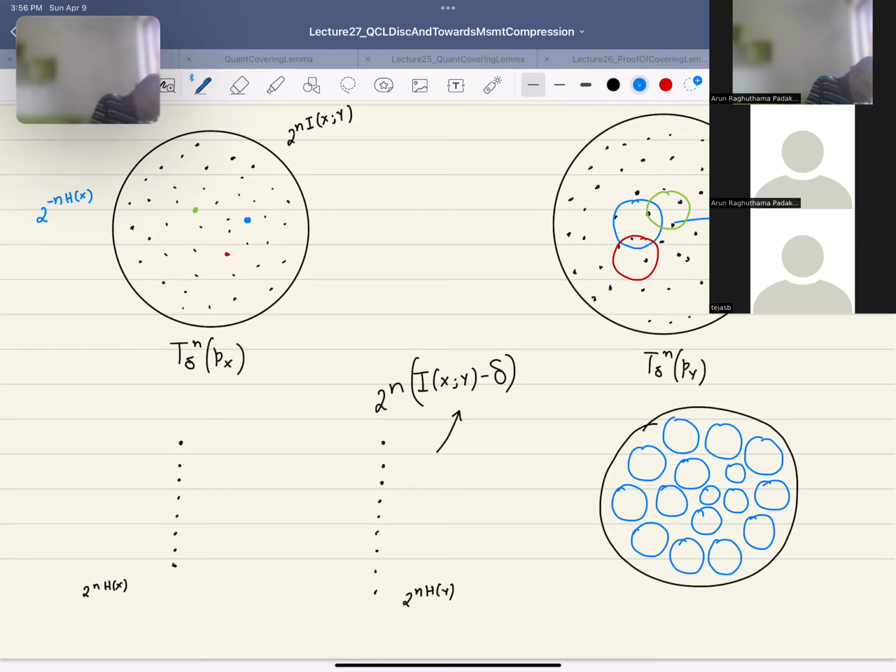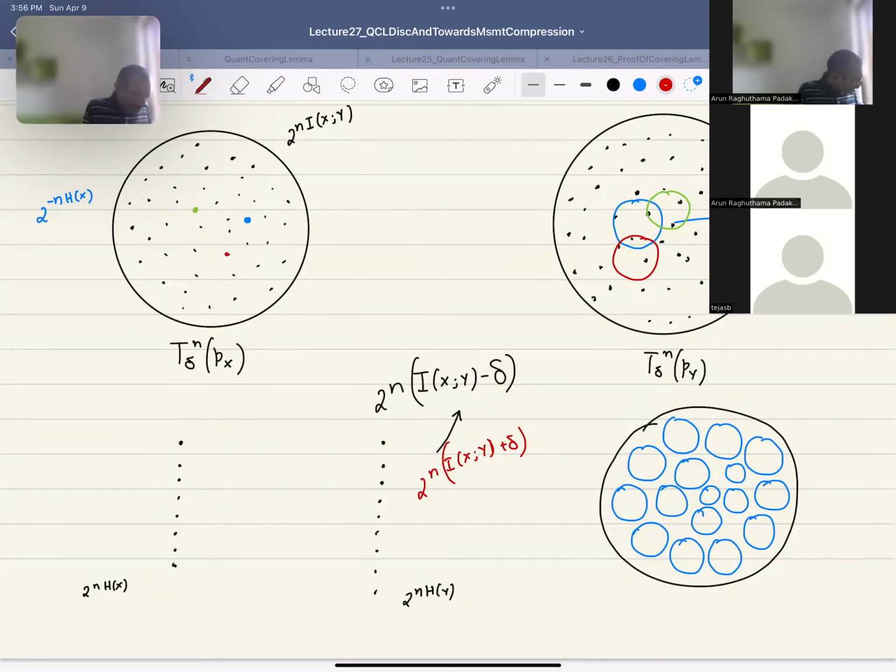The moment you pick more than 2 power n I of x colon y number of balls, it is as though you've filled up your entire space, the typical set of yn.